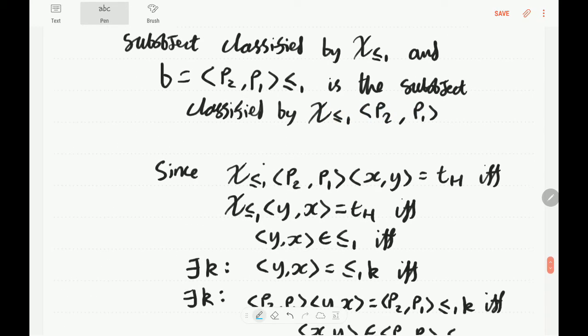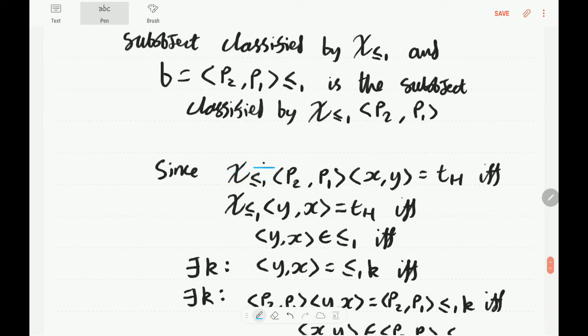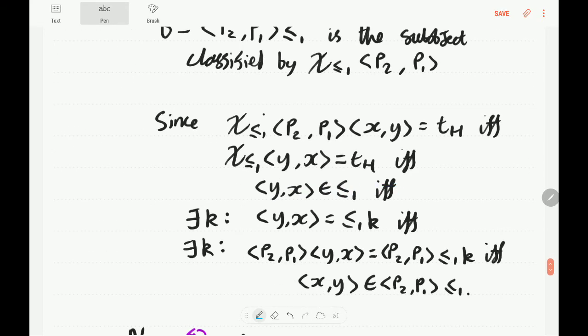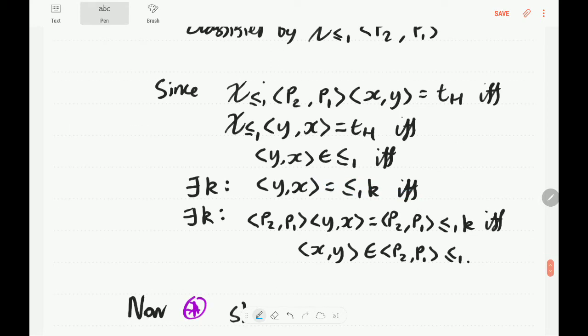Well, let's prove that. So chi of less than or equal to 1 after (P2, P1) operating on x and y, we'll just consider some generalized elements x, y, that's going to be true if and only if chi of less than or equal to 1 of (y, x) is true, if and only if (y, x) is in less than or equal to 1, if and only if there exists a k such that (y, x) is less than or equal to 1 after k, if and only if there exists a k such that (P2, P1) after (y, x) equals (P2, P1) after less than or equal to k.